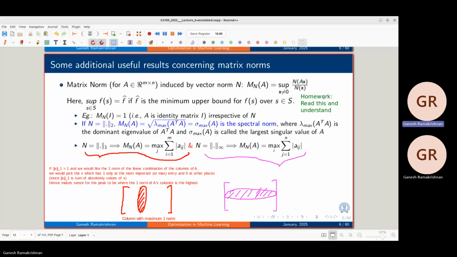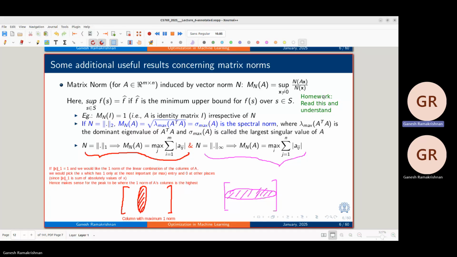If n is the one norm, this is where you should start visualizing matrix algebra. What is AX doing? AX is just taking the columns of A and their linear combination using X: column 1 of A times x1, column 2 of A times x2, and so on. Now if n is the one norm, the denominator regulates the sum of absolute values of x.